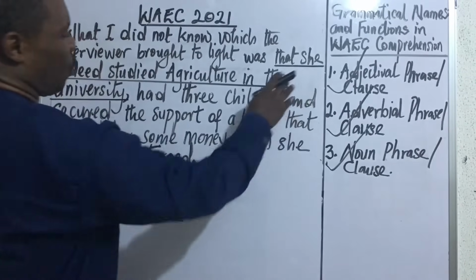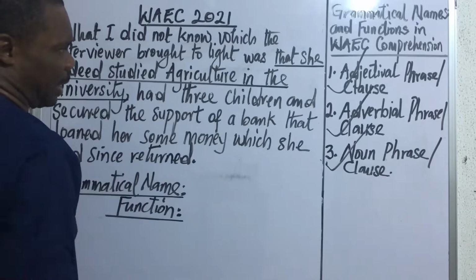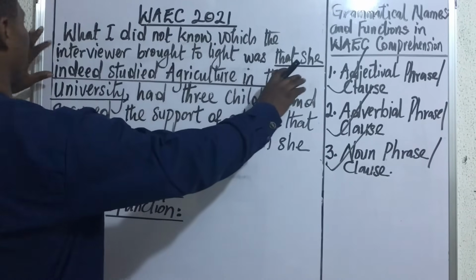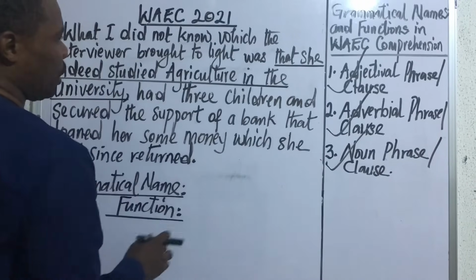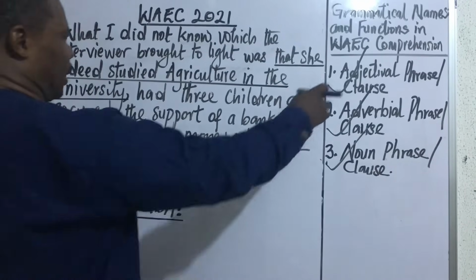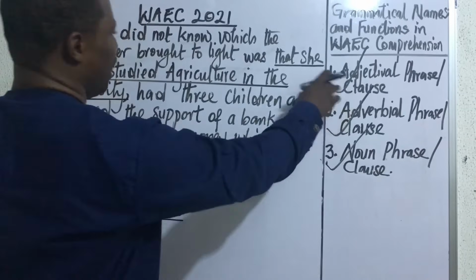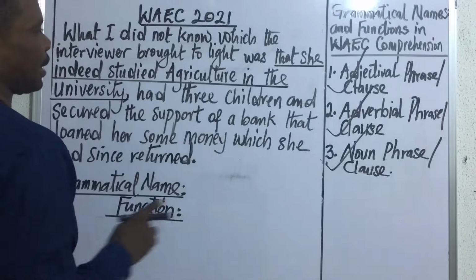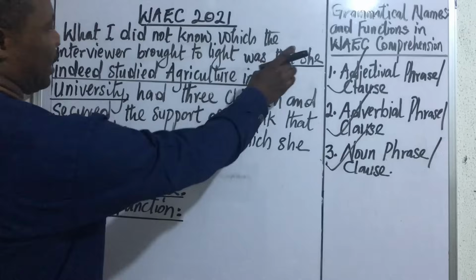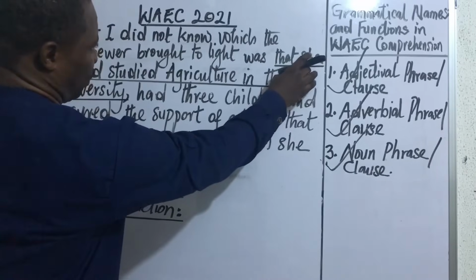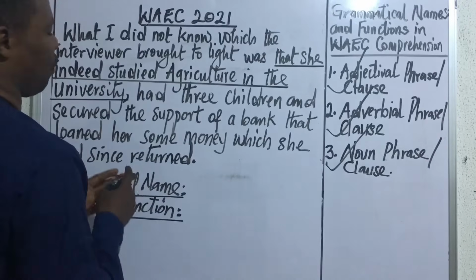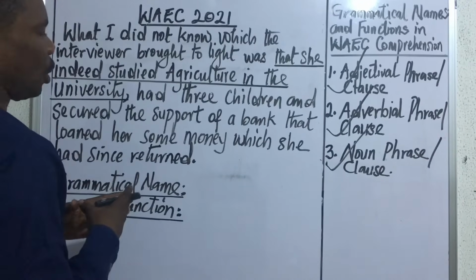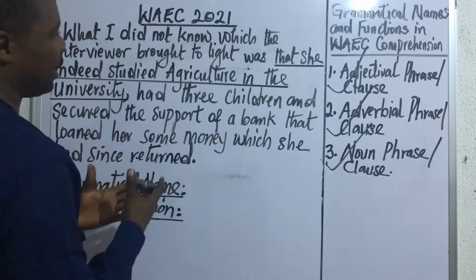Like the 2019 question that we have just considered, this expression is starting with what? "That." Okay, which will mislead many students to think that it is an adjectival phrasal clause. And like I explained in that example, an adjectival phrasal clause cannot come after a verb. So that will make you think of another formula that can help you to validate your answer.